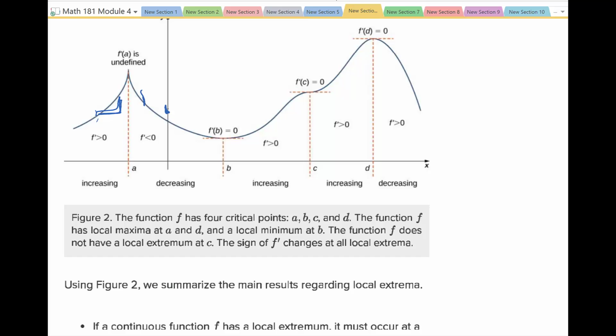So what we have is it decreases, then it increases, and then it stays increasing, and then it decreases. So f of -1, which equals -4, is a local minimum.